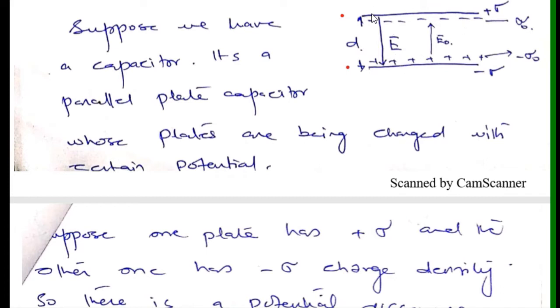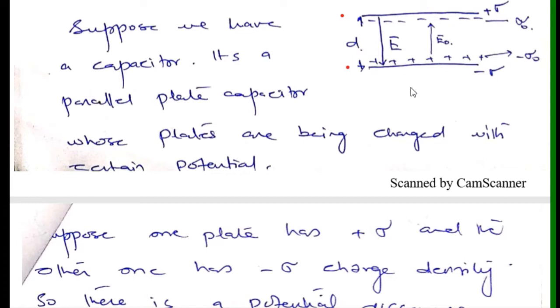The area of the plate will be given by capital A. Now after I have charged these plates, I remove the potential, and now the charge is trapped on these plates. So now there is no external source to charge them.